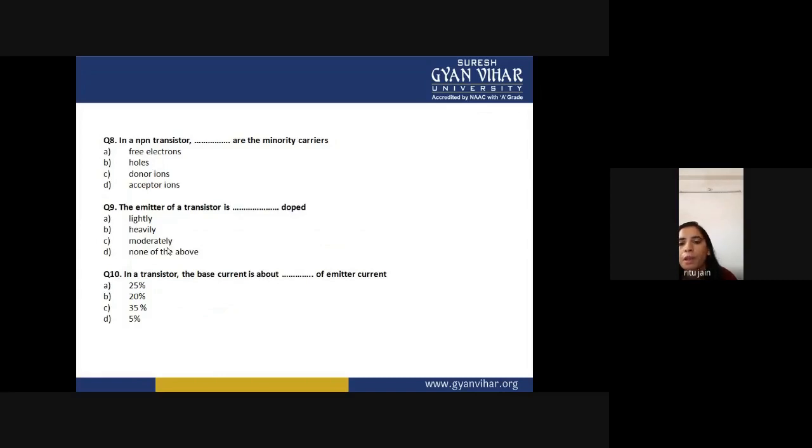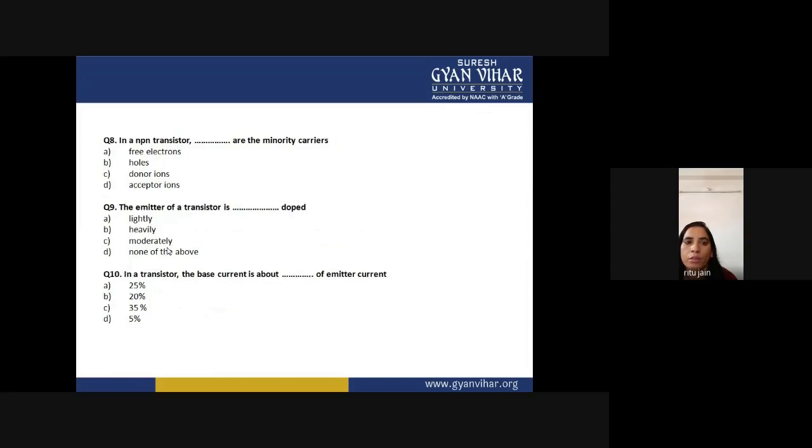Now, in a transistor, the base current is about blank of the emitter current. You know that the emitter is a highly doped layer, so the number of electrons will be more in the emitter than in the base layer, and the base layer is already lightly doped.